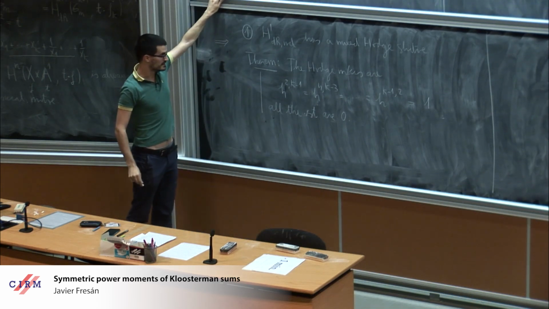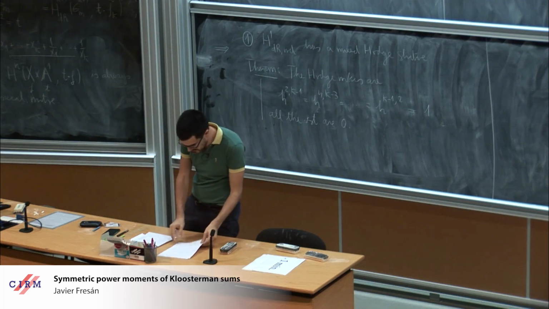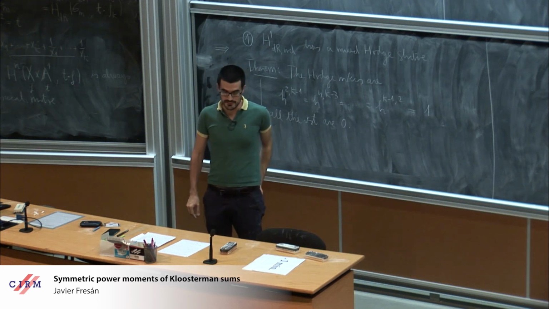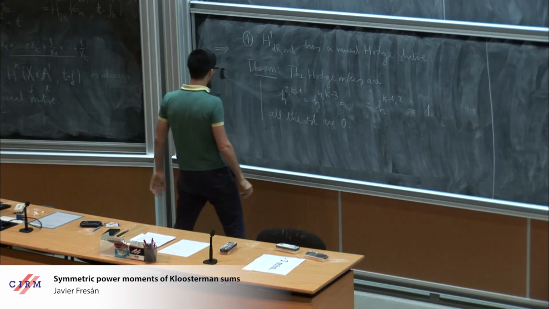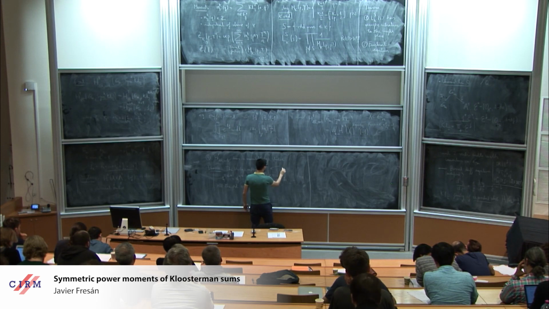Okay, and somehow this is the crucial part of the argument to be able to apply these results from automorphic. Okay, so that was one. So this you wait for Claude.